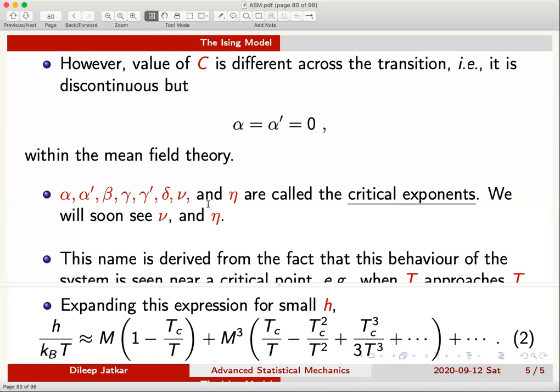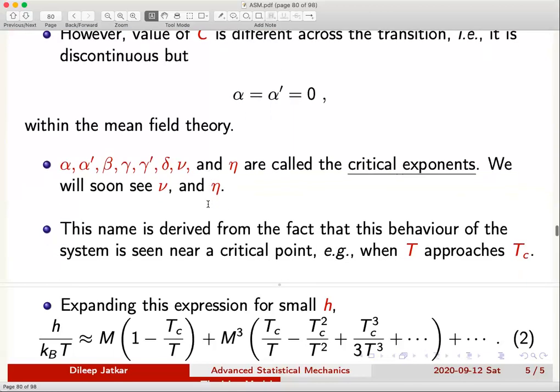Now of course, as I said, if you do mean field approximation, then everything seems to be spatially independent, and therefore whatever we have computed so far does not seem to have any explicit space dependence in any of these results. Although we will see effects of that kind.